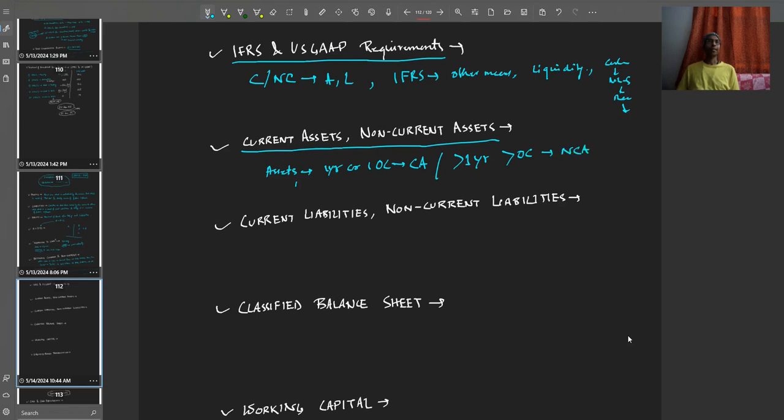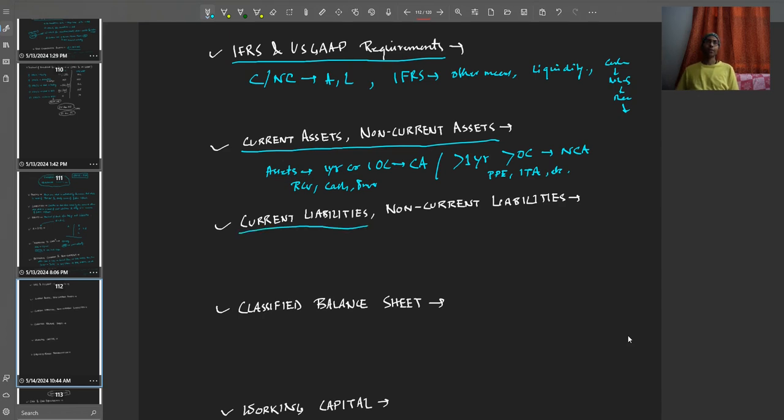Examples of current assets: receivables, cash, inventory. Examples of non-current assets: property, plant and equipment, intangible assets, etc., etc.